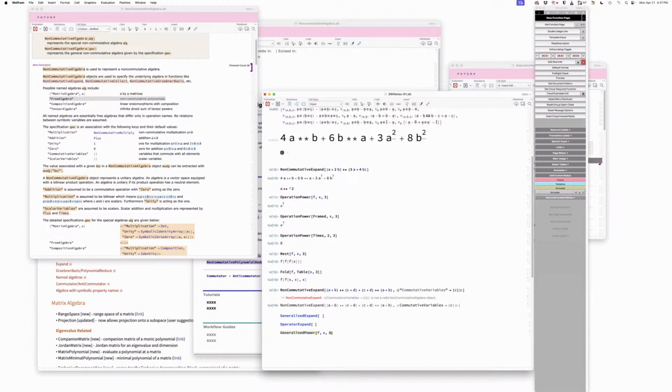We could imagine, could we not, removing the commutativity of addition? What kind of object do we have then? We could call it a ring, right? Ring expand. No, not quite.